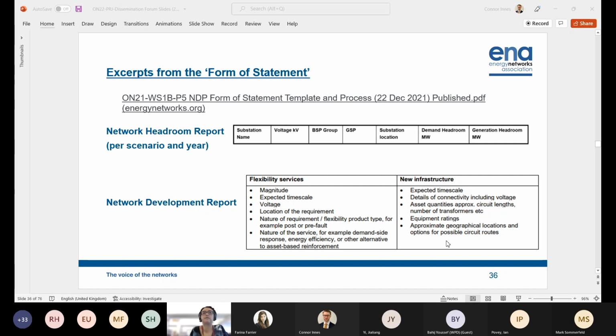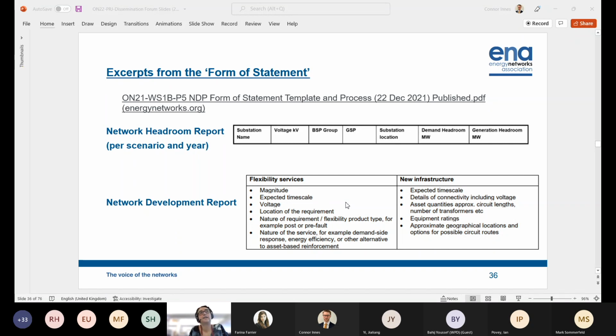And we've also taken forward consistency in the network development report. So in all of the reports, you should see this sort of information describing proposals for flexibility services and for infrastructure. And it will also be giving some information about where that project is in the delivery life cycle. So, for example, is that something that we're signposting and expecting?